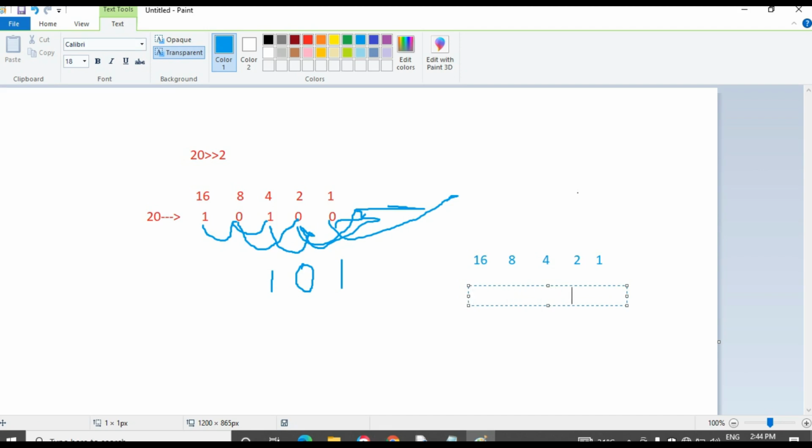For the first position, the 1 has come. And at the second position, the 0 has come, and at the fourth position, the 1 has come.